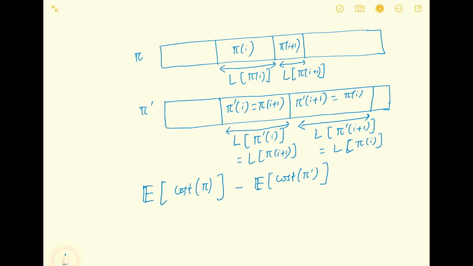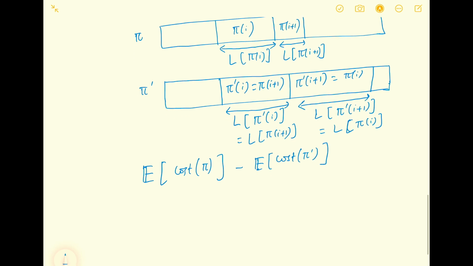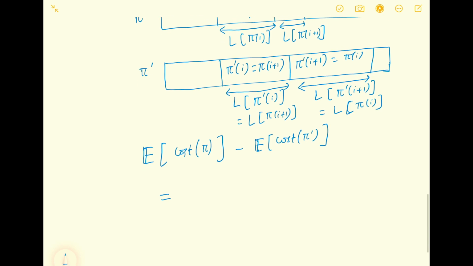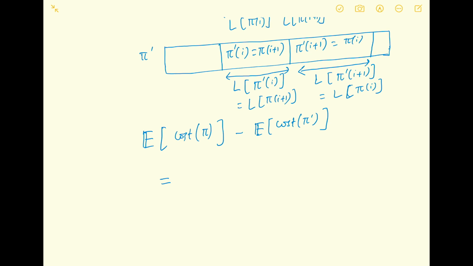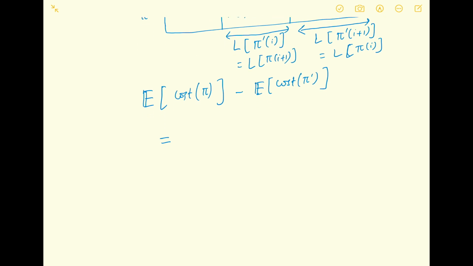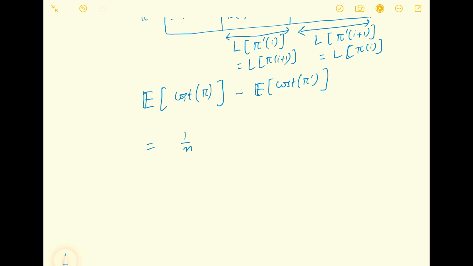I will let you verify formally: just expand these two individual terms, expected cost, and use that pi prime i is pi i plus 1 and pi prime i plus 1 equals pi i. This will be 1 over n times L of pi i minus L of pi i plus 1.